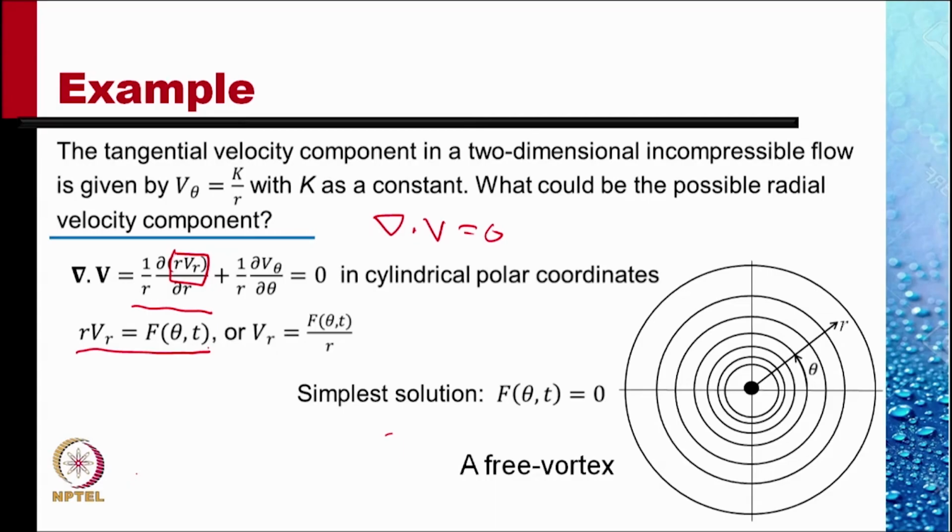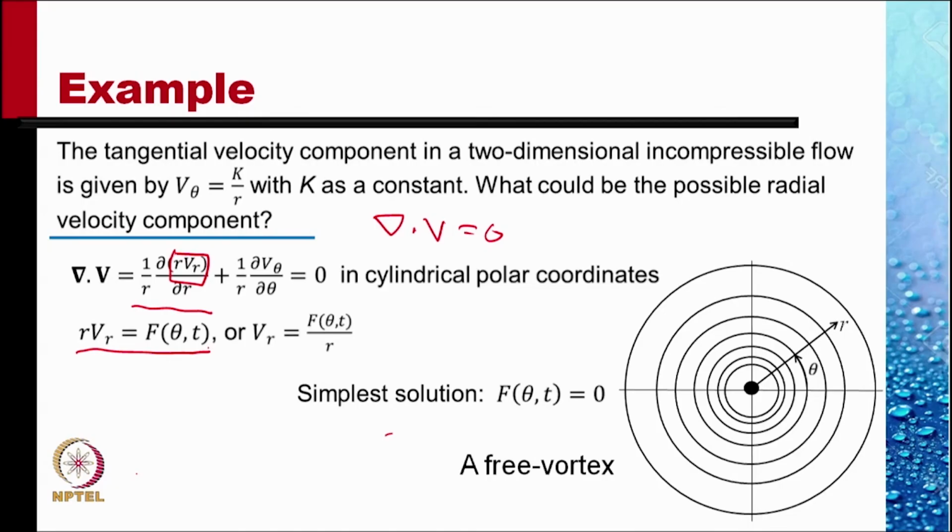Then Vr is 0. There is no radial velocity. The fluid particles are going around in circular paths with only V theta velocity, which also decreases as r increases.